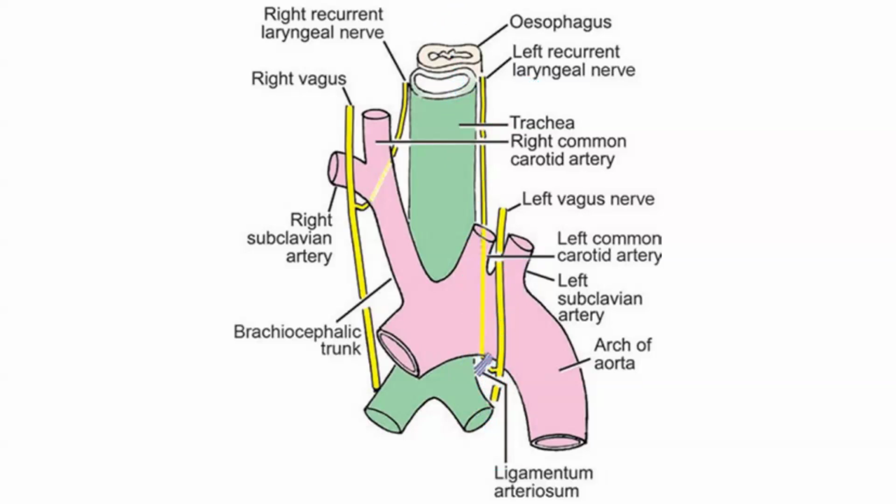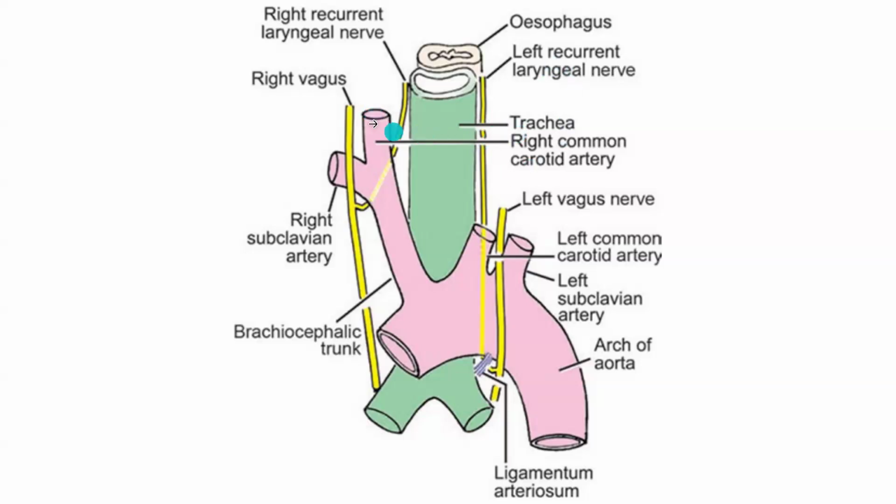Which intrinsic laryngeal muscle does the left recurrent laryngeal nerve not supply? But did you guys understand the question? So basically, the muscle is the cricothyroid muscle.